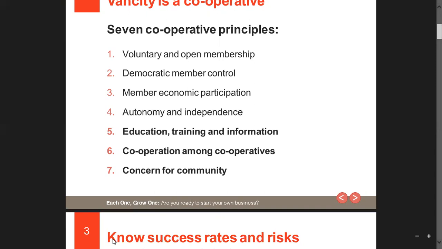Number five, education, training, and information. It means that you must get education, referring to skill. Some people have education related to business, they graduated from university with a few skills or any skill, and then they run a business.